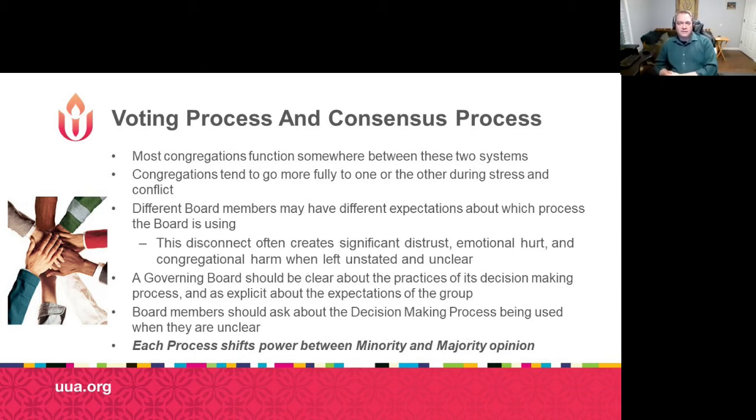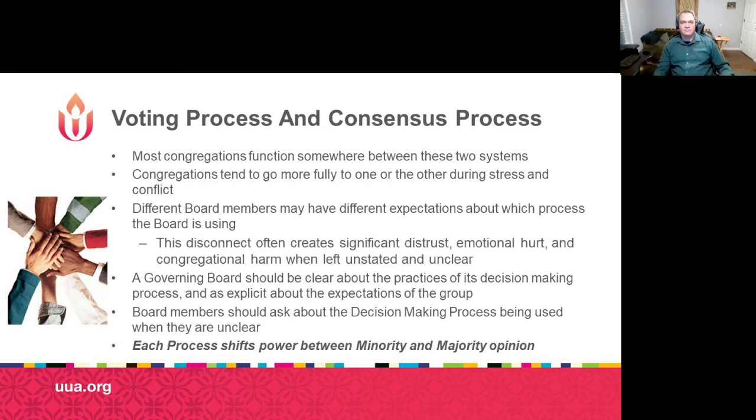So be clear about the practices of how you're using a decision-making process, whether you are using solely a voting-based process or solely a consensus-based process, or as most congregations do, a hybrid between the two. The good practice that I recommend is a process where the board will remain in consensus for a certain period of time based upon the priority of the decision, how important, how time critical the decision is.